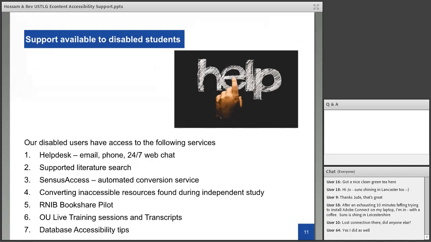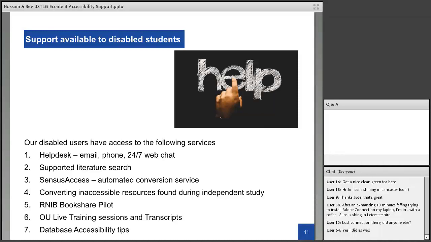So what we've mentioned earlier are the things we do proactively before materials go to the students. However, sometimes students still come to you for various reasons. So there are different things we offer for our disabled students from all faculties, not only STEM.